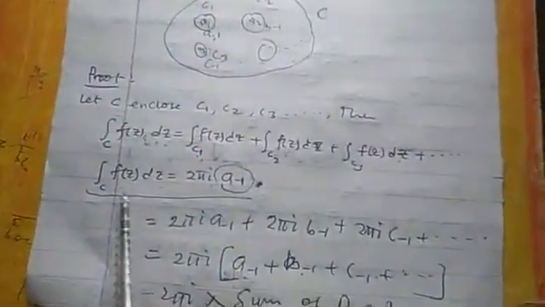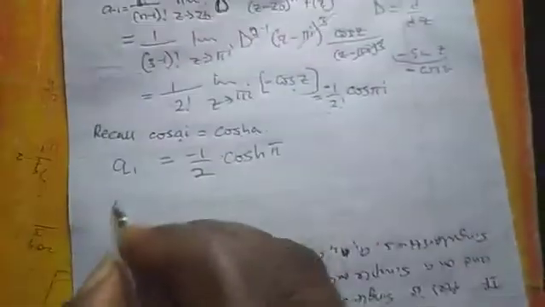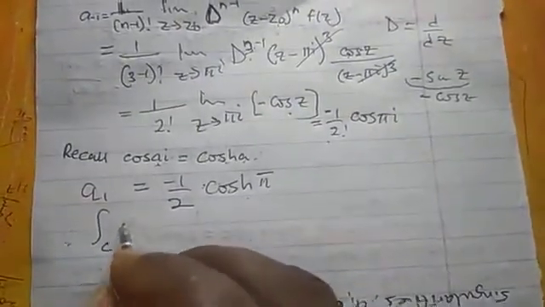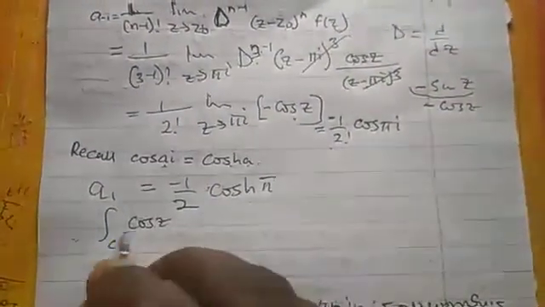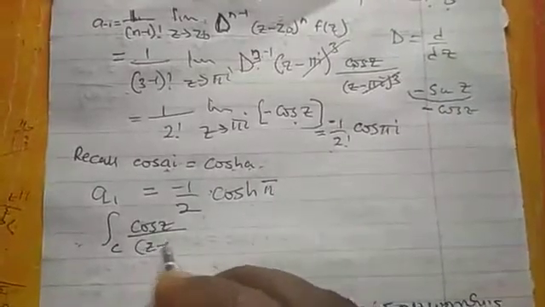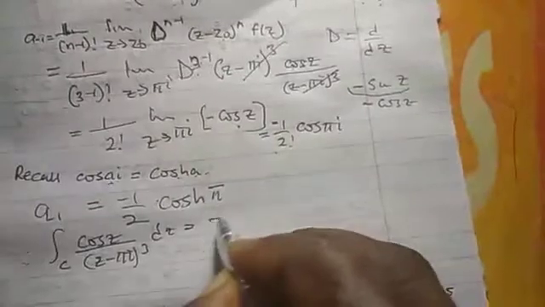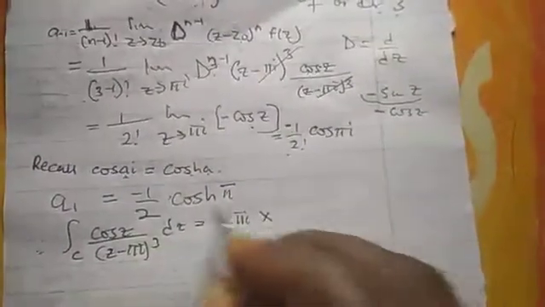Now, by the residue theorem, which we proved here, if you integrate, the answer will be 2 pi i times the residue, or the sum of the residues. So in that case, our integration of cos z over (z minus pi i) raised to power 3 dz will just be 2 pi i times the residue.